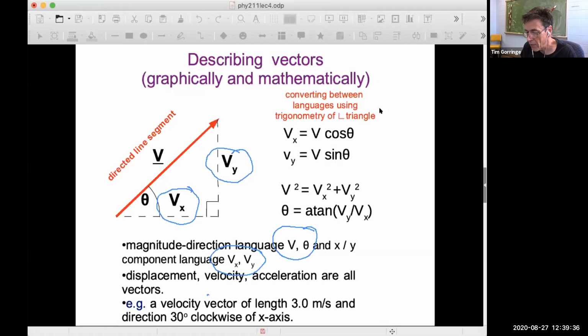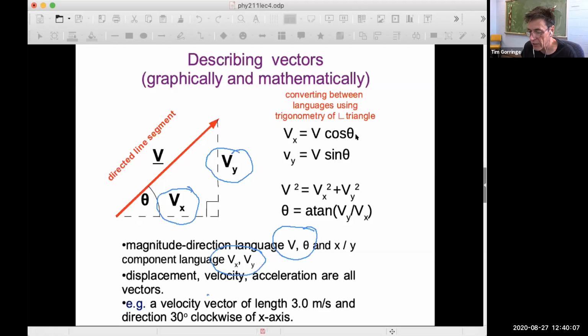So finally, over here on the top right, I've written down how we translate between these two different languages, magnitude and direction, and x and y components, for describing vectors. Think of this as a little dictionary, but not like a Spanish-English dictionary.